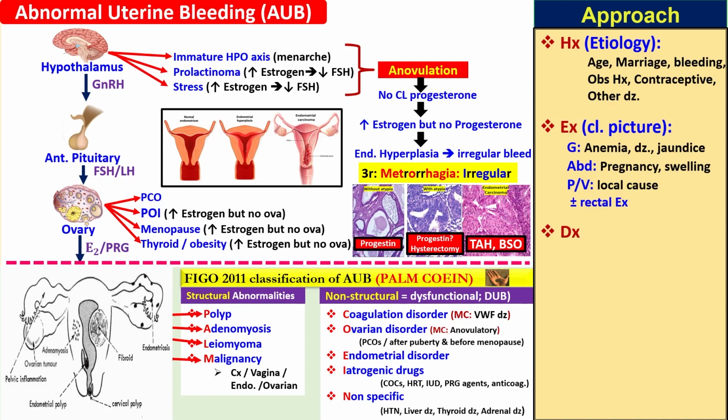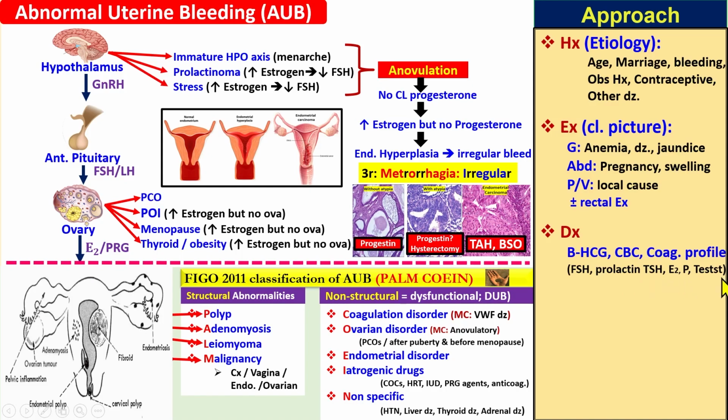Okay, in the diagnosis, what investigations do you do? Of course, first of all, check beta hCG to rule out pregnancy, CBC to check the anemia level, the coagulation profile to rule out coagulation disorder, and the hormonal profile like FSH, prolactin, TSH, estrogen, progesterone, testosterone.